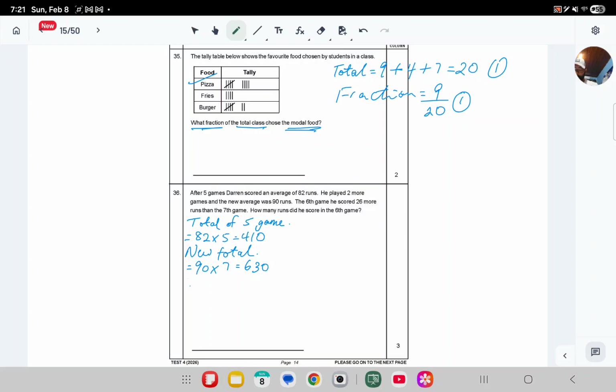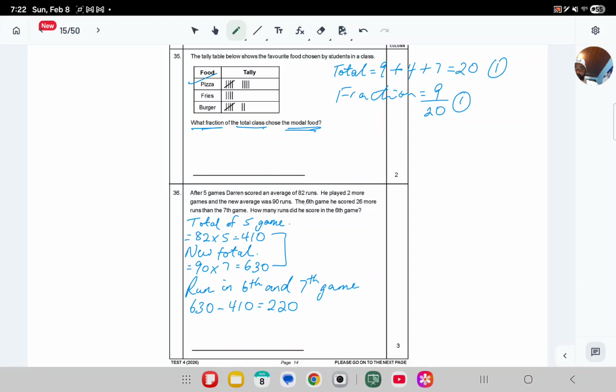So we want to know the runs in the 6th and 7th game, which would be the difference of these two, which is 630 take away 410, and that will leave us with 220 runs. So that means in the 6th and 7th game, he scored a total of 220 runs.